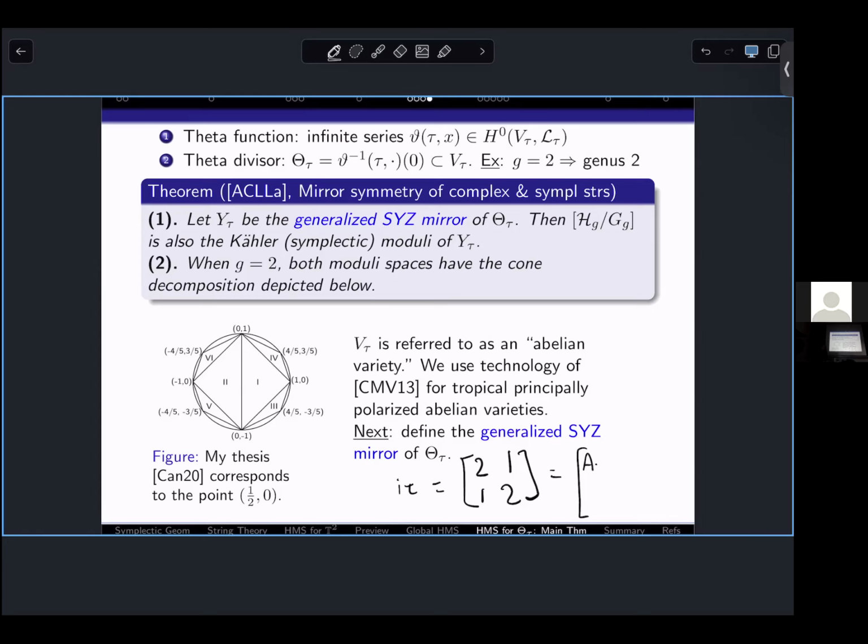So this is A1. It knows about the tau, and it knows about, so the mirror to the genus 2 curve is a degeneration of T4 to, well, this critical locus over 0 is the banana manifold.